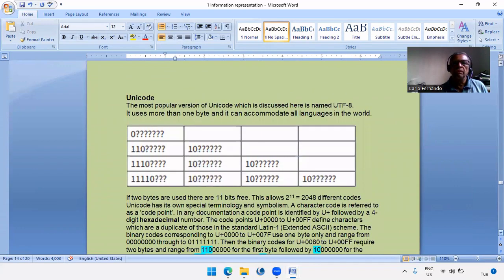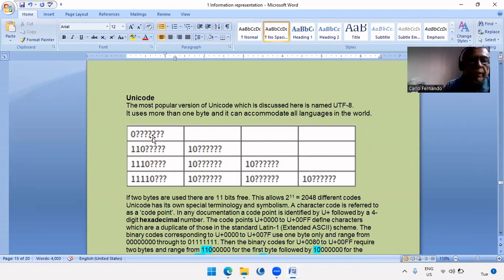After some time, this 256, though it included English and a few other languages, could not include Japanese, Chinese, Arabic, those languages which had thousands of characters. So they started using more than 1 byte, and it was called Unicode.